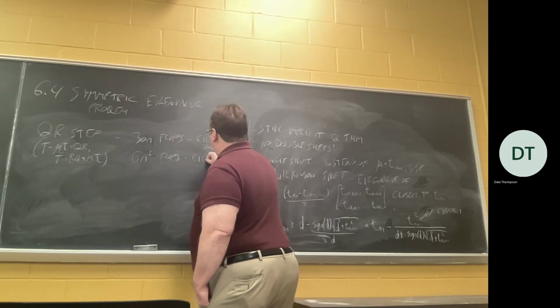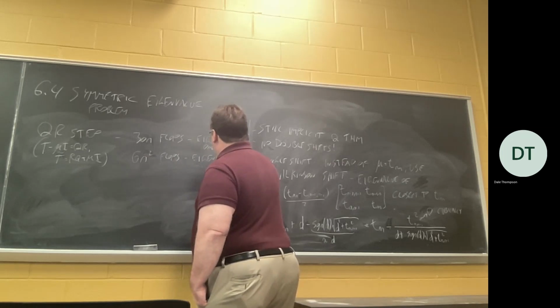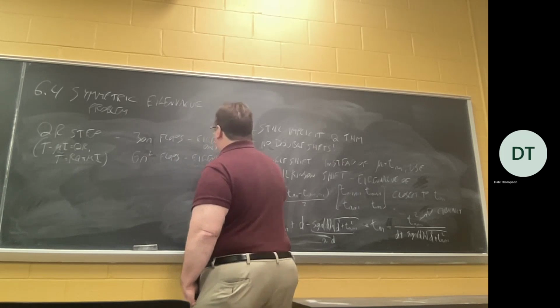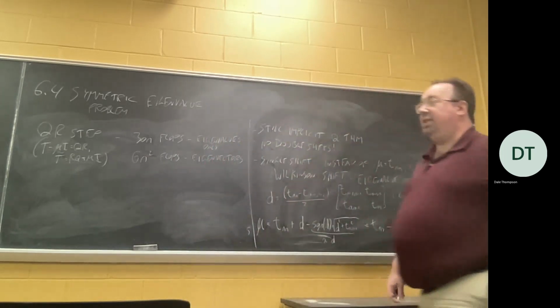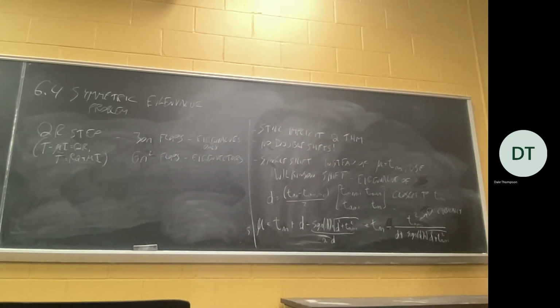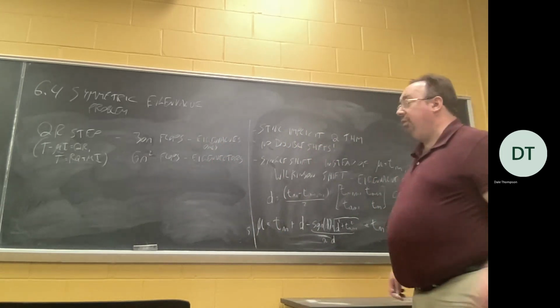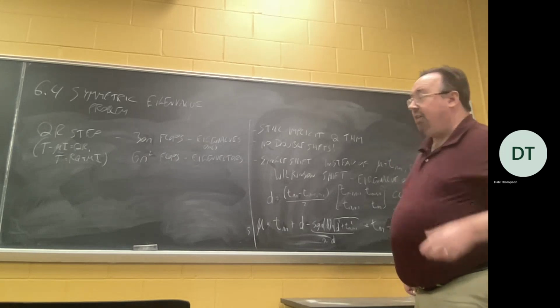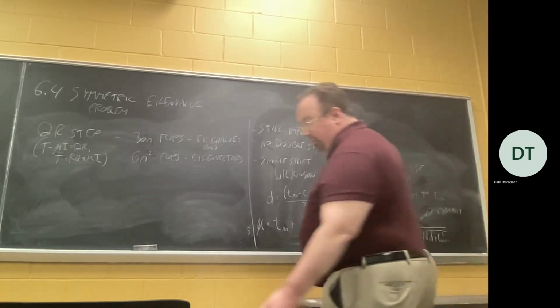If you want eigenvectors as well, then you have this quadratic expense. But still, that's better. I think it was like 10n squared in the unsymmetric case for the same thing. If you wanted to go to a real Schur form, that'll be the entire real Schur form.